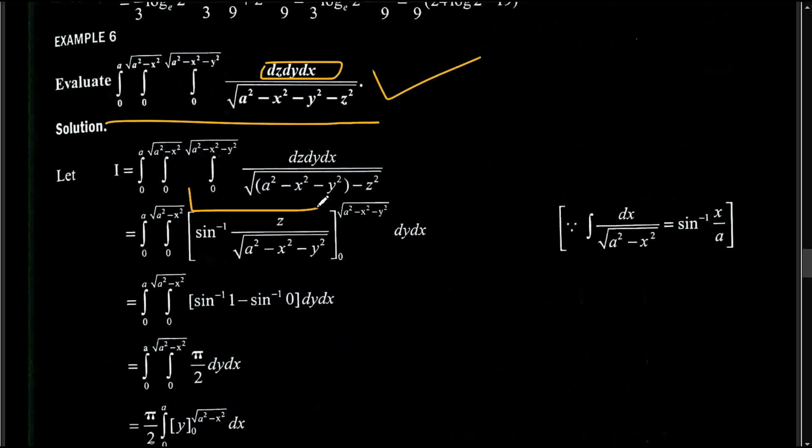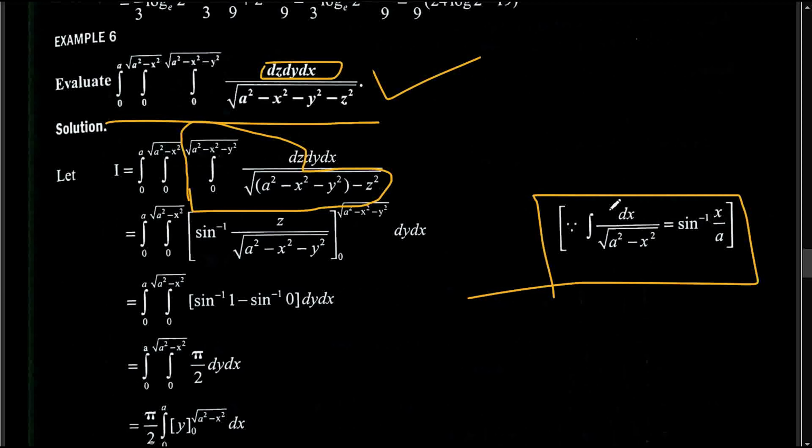First we integrate this part alone. With respect to dz, z is the variable and all other things are treated as constants, and we know this formula, integral of dz by this form. We have to change it into this form. If you take this as a constant, it's nothing but a square, so root of this to the whole square will give the same thing.